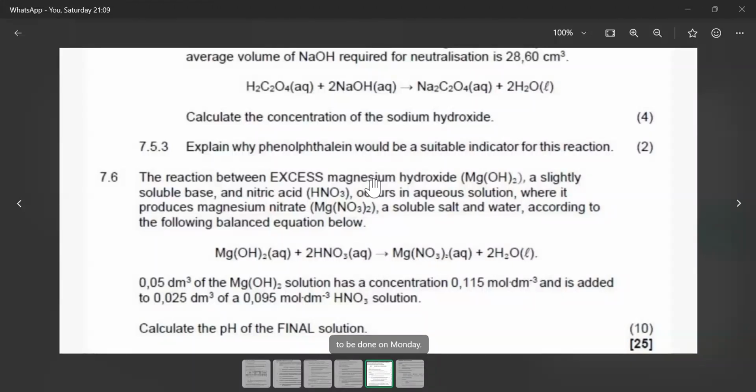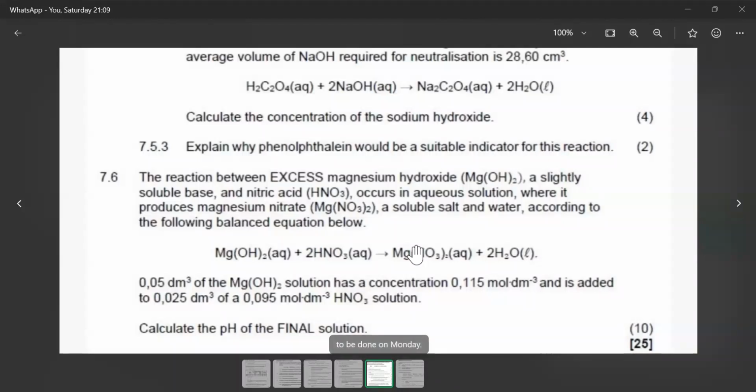So what I want you to realize is they gave you information about both of your reactants that will enable you to determine which one is the limiting reagent. But we don't need to do that since we already know that magnesium hydroxide is the excess reagent. So we can use this 0.05 cubic decimeters and 0.115 mole per cubic decimeter to find the number of moles of magnesium hydroxide that are available at the start of the reaction.